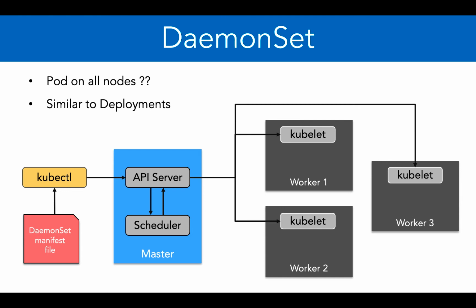So this same information, the manifest file, is sent to the kubelet, and then one pod of the application or the container which has been mentioned in the manifest file would be launched in the worker nodes as pods. So each node will have a single pod.